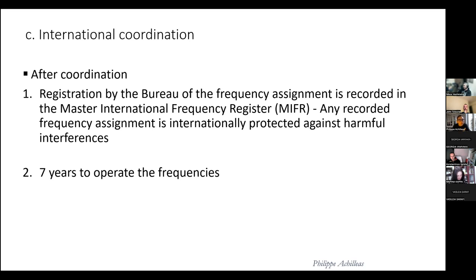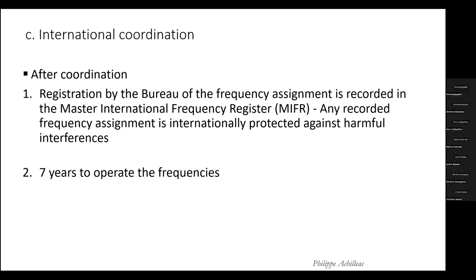Okay, but there is another very important rule: when the administration starts the coordination procedure, the satellite operator has 7 years to operate the frequencies. So I said before, you have 7 years to terminate the negotiations, but it's worse.